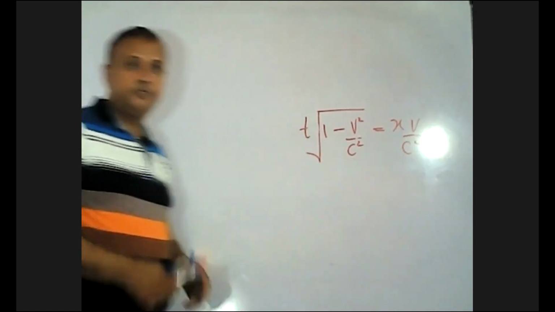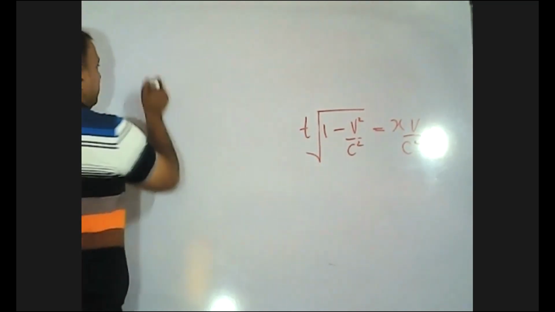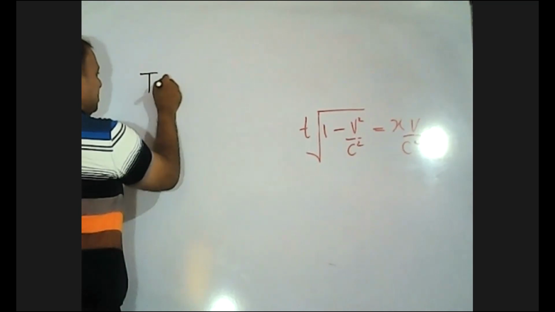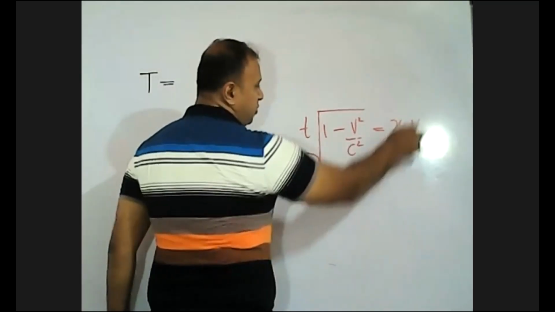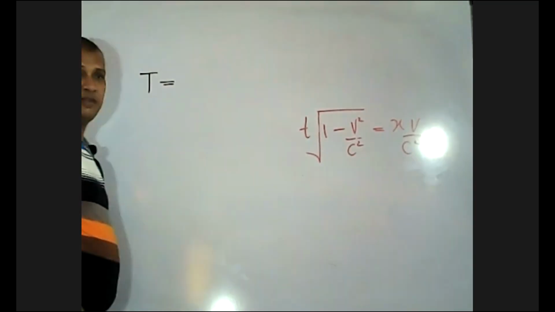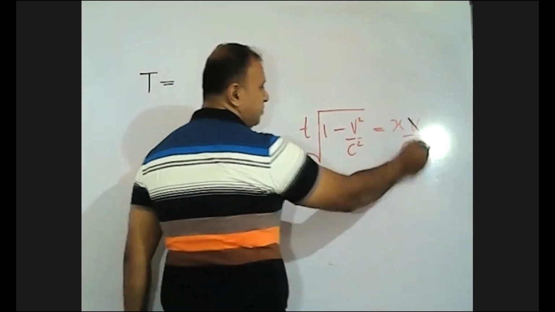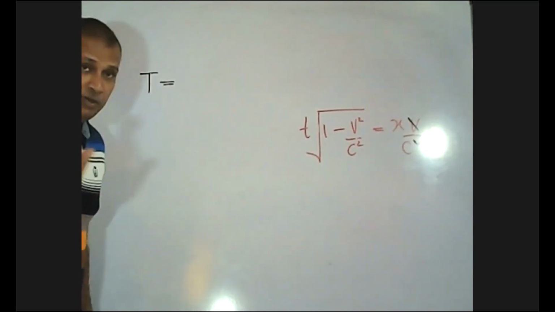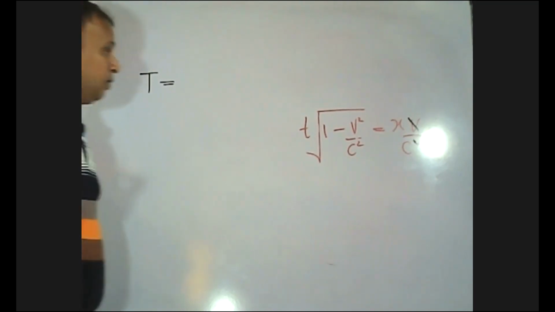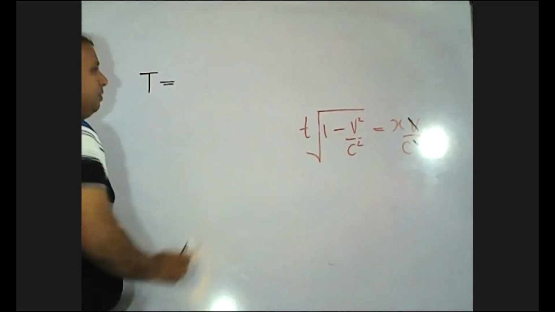That means T. Both are velocities, so this one to this one will be cancelled out, as a dimension, not as a numerical value. So I can write only one value.